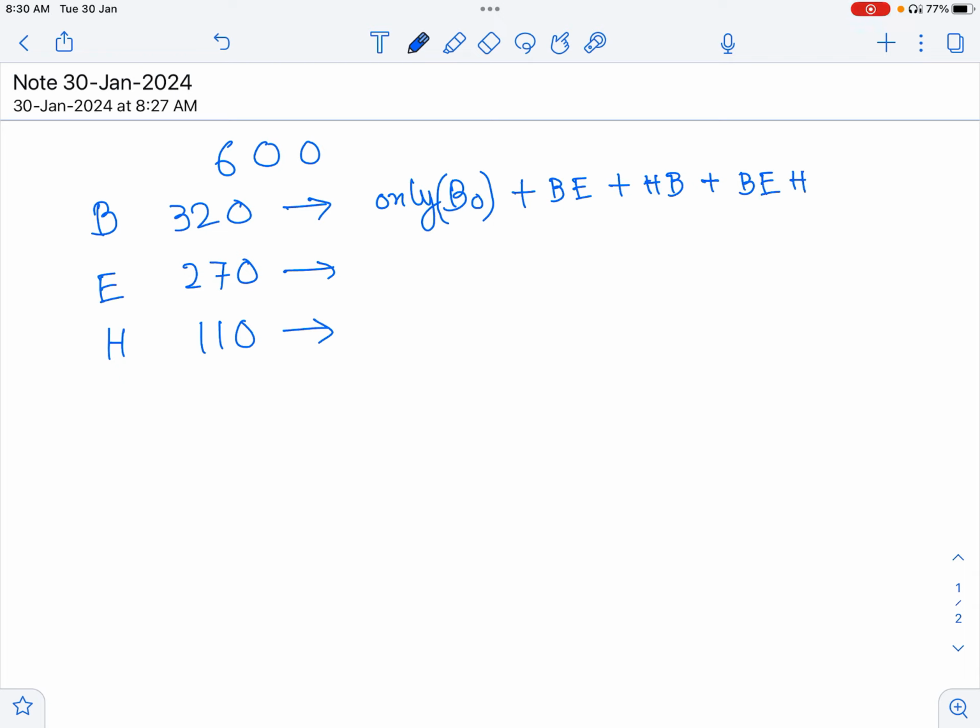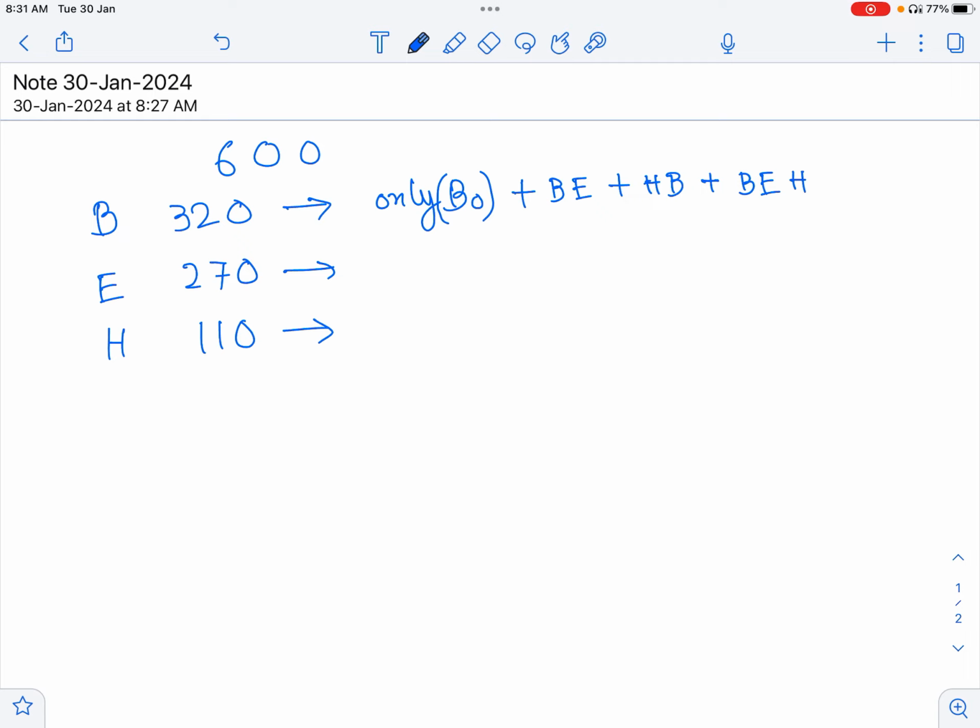By BEH we indicate the number of students who learn Bengali and English and Hindi. That means those students who learn all these three languages.